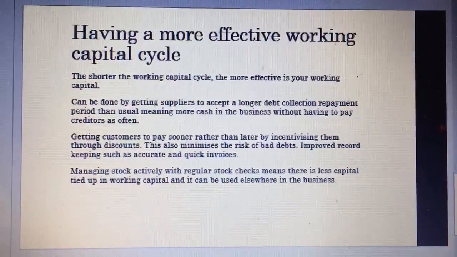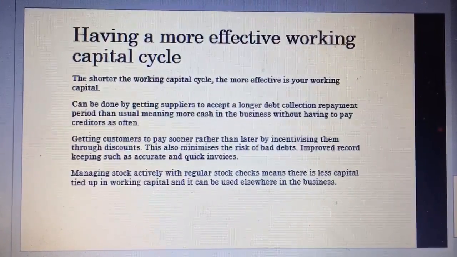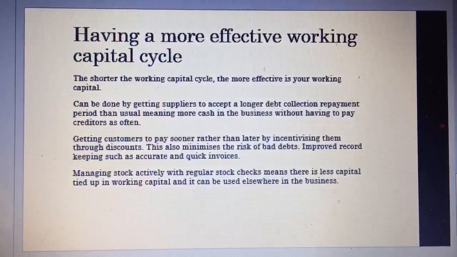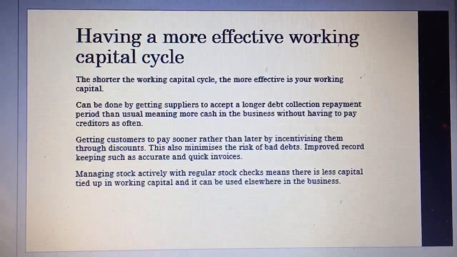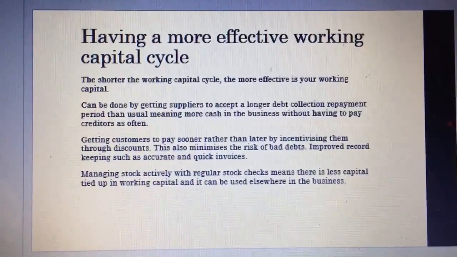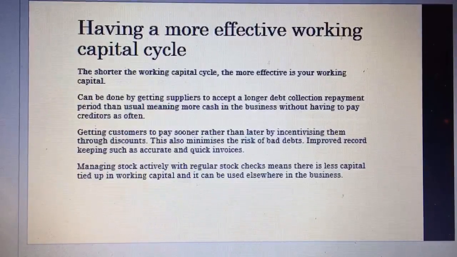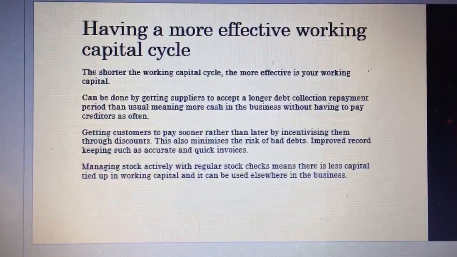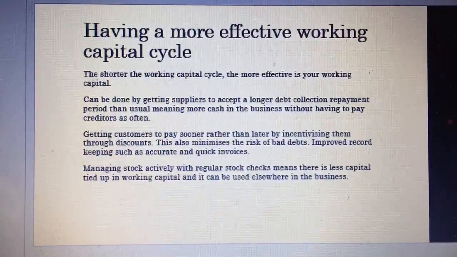Another way of shortening the working capital cycle is by getting customers to pay sooner rather than later. This can be done by incentivizing them through discounts. For example, if they were to pay back by a certain date, it would cost them less. And so not only would it benefit you by reducing your working capital cycle, but it would also reduce their costs and benefit them.